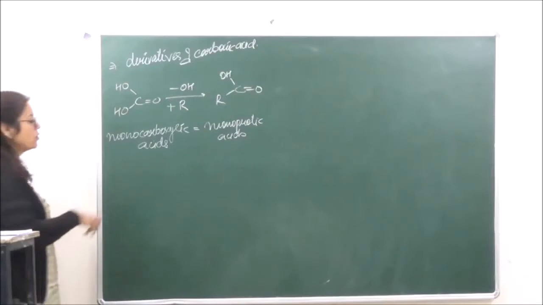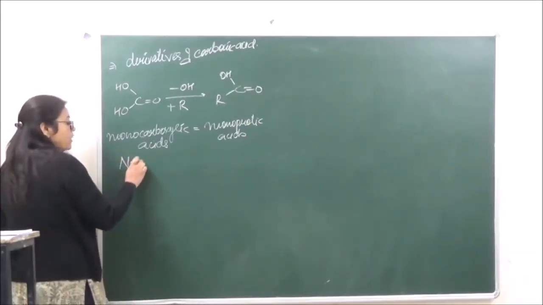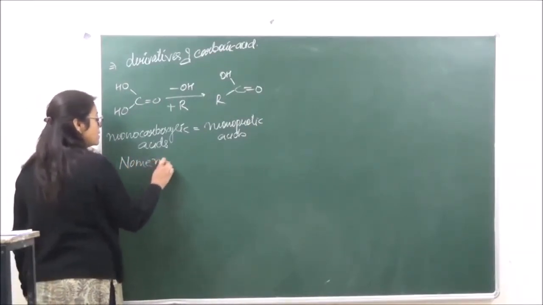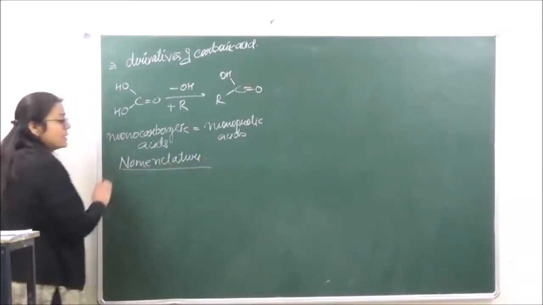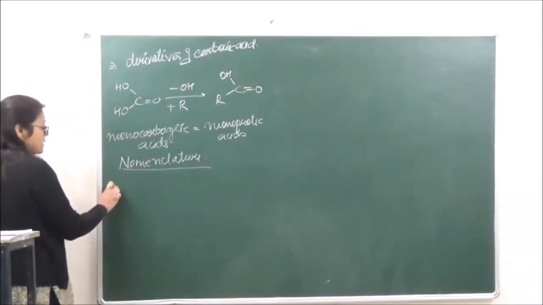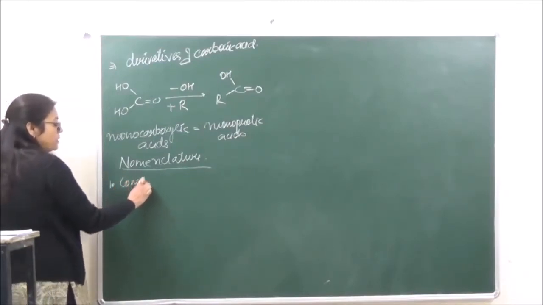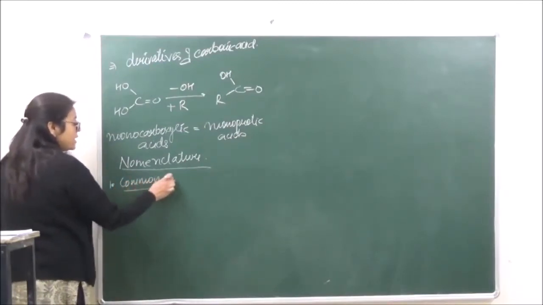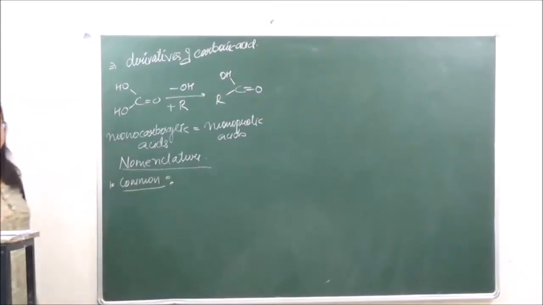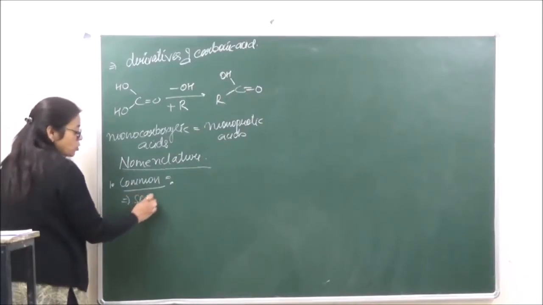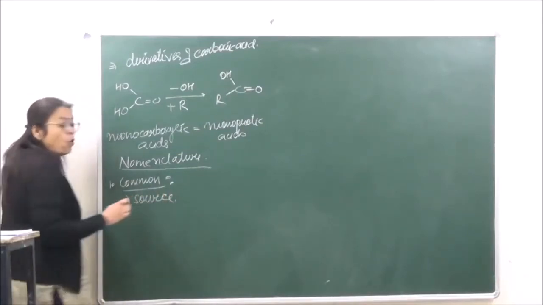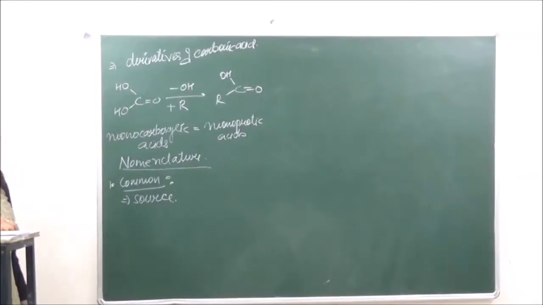So let's go on to the nomenclature. There are three methods by which we can name the carboxylic acid. The first one is the common or trivial system of nomenclature. In the common system, the name is generally given according to the source of the carboxylic acid.